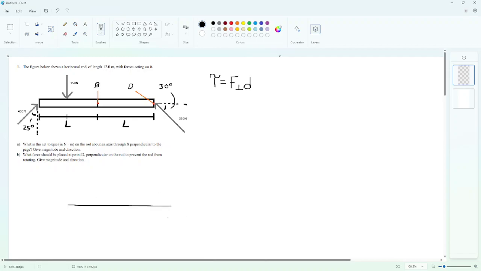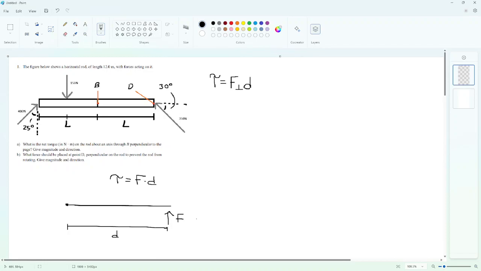So if we have this rod and I apply the force like this, and the rod rotates through this point, let's say our axis of rotation is here. The torque that's going to be applied is going to be equal to force times distance.